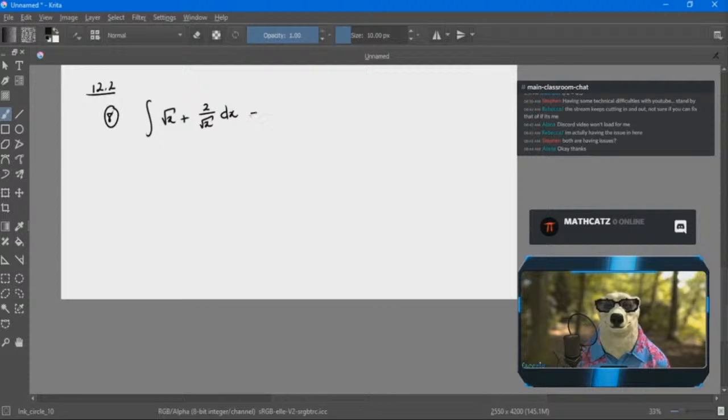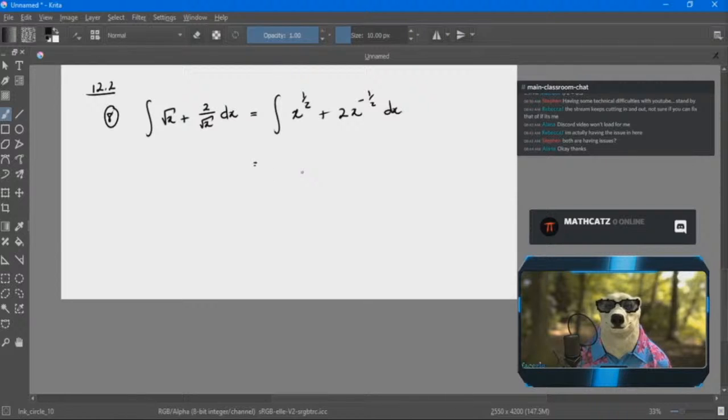So now I can say, okay, well, I don't like the look of these guys. Just like before, I prefer to look at x to the 1/2 and 2x to the negative 1/2. And of course I wrap it like always, or from now on. Then my argument's the same.